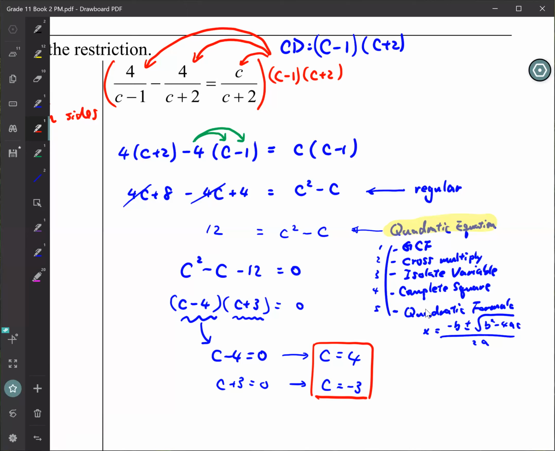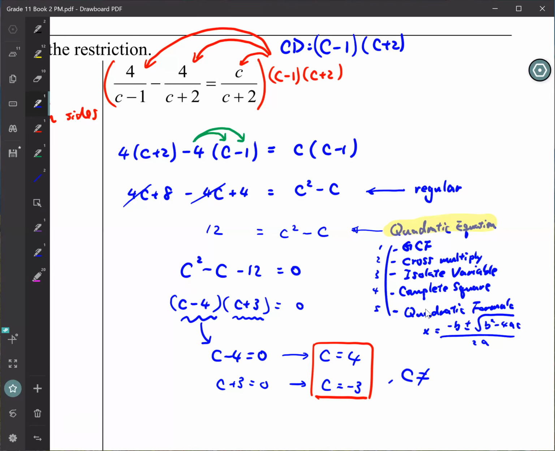Okay, what else is missing? Waylon? Restrictions. Which will be? Wait, let me calculate it. Is it C cannot be -4 and C cannot be negative? Where do you get them from?